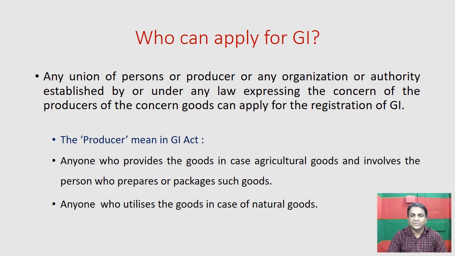Any person, producer, organization or group can apply for this GI registration. The producer definition in the GI Act: anyone who provides the goods in case of agricultural goods, and includes the person who prepares or packages such goods. So any persons or farmers can also apply for this GI registration, and anyone who utilizes the goods in case of natural goods can apply for a GI registration.